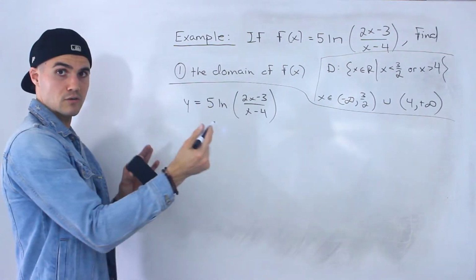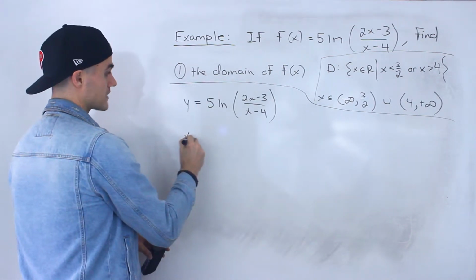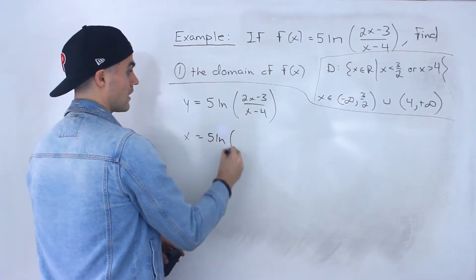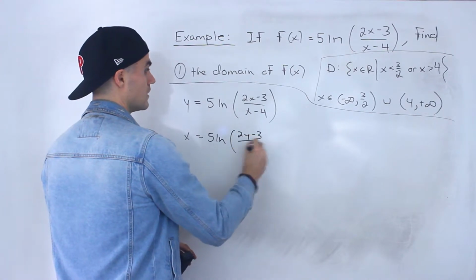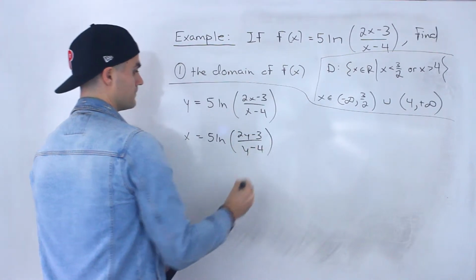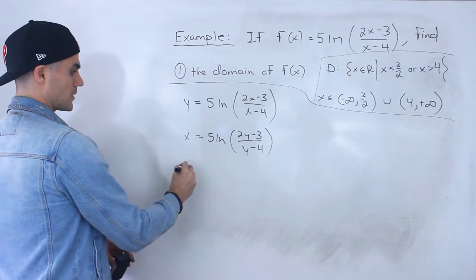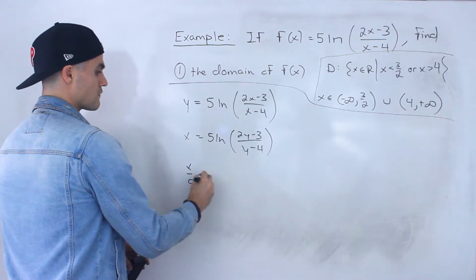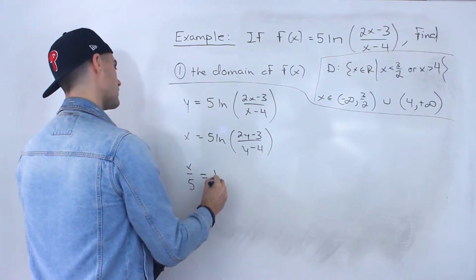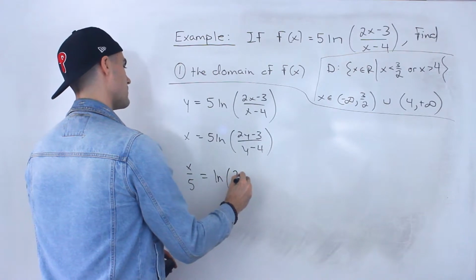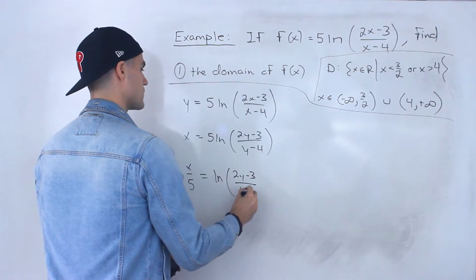So first thing we do with an inverse, interchange the x and y. So x equals 5 ln of (2y minus 3) over (y minus 4). And then I'm going to divide both sides by 5. So x over 5 equals ln of (2y minus 3) over (y minus 4).